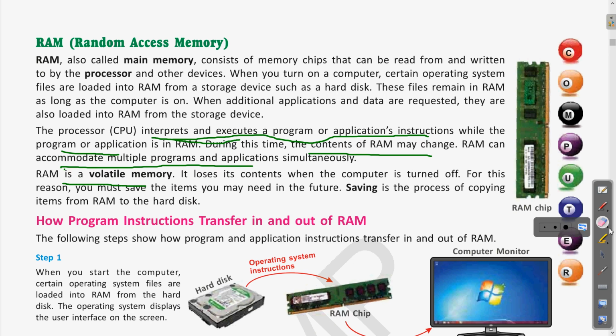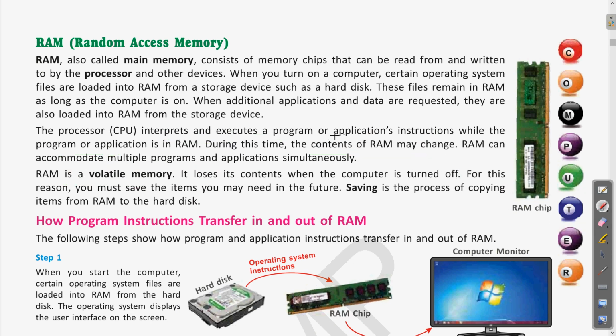In the RAM we have seen that RAM is a volatile type of memory, and all the instructions which we want to access again and again are stored in this type of memory, that is the RAM.